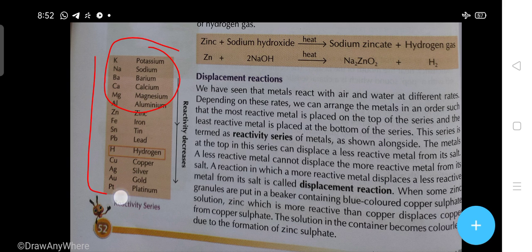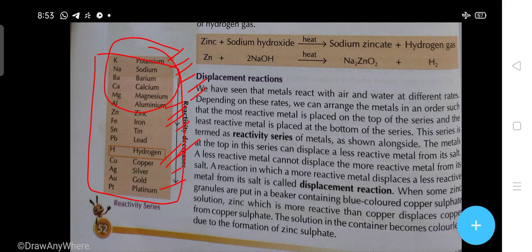This is the table in which we see the reactivity of metals: the most reactive is potassium, and just below it sodium, then barium, calcium, magnesium, aluminium, zinc, iron, tin, lead, hydrogen, copper, silver, gold and platinum.